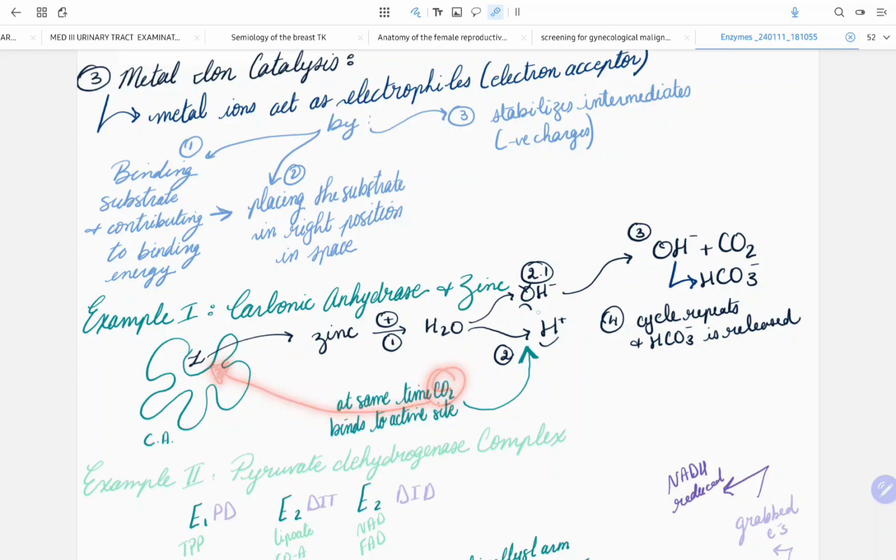So at the same time that water is separating into OH- and H+, CO2 is binding to the active site right here. And what happens is that OH-, a nucleophile, attacks carbon dioxide. And what forms? Bicarbonate. Okay? So bicarbonate is formed, it's released, and the cycle is repeated.